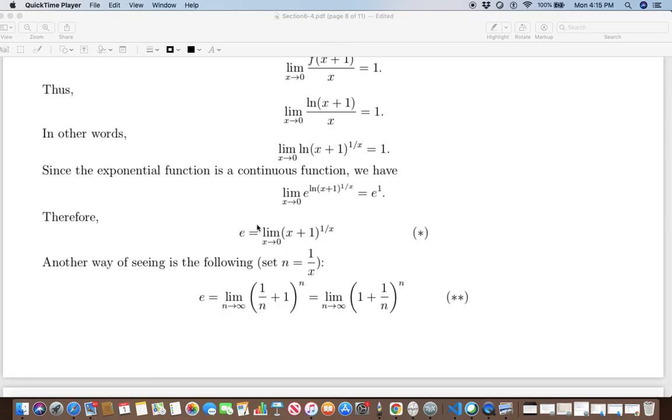So this limit can be rewritten as follows: limit as n approaches infinity, x is 1 by n, plus 1. 1 by x is n because n and 1 by x are reciprocals. So this is a standard way. I will exchange these two terms, and you have the limit as n approaches infinity of (1 plus 1 by n) to the power n. This limit is the definition of e in limit form. Both equations are acceptable.